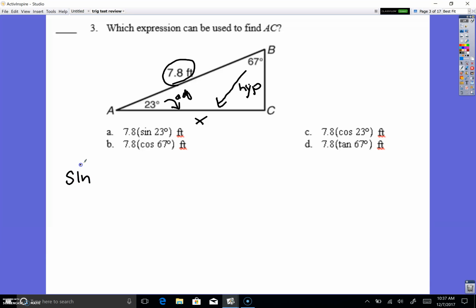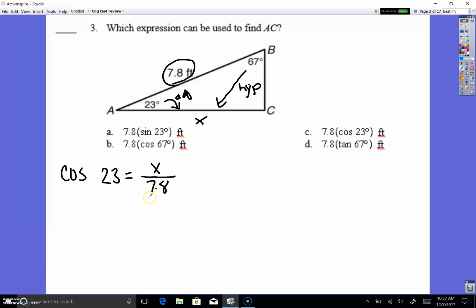sine of 23 is equal to adjacent, no, sorry, not sine, this is cosine. Let me erase that. Cosine of 23 is equal to adjacent, which is our x, over 7.8. Okay.